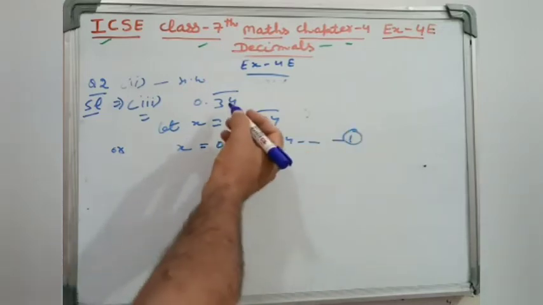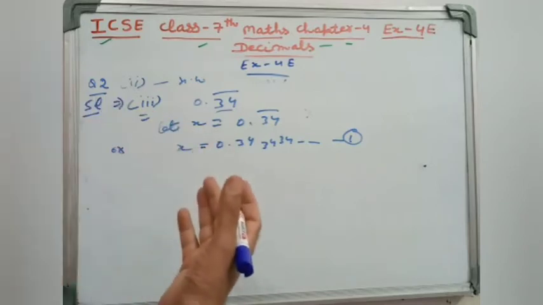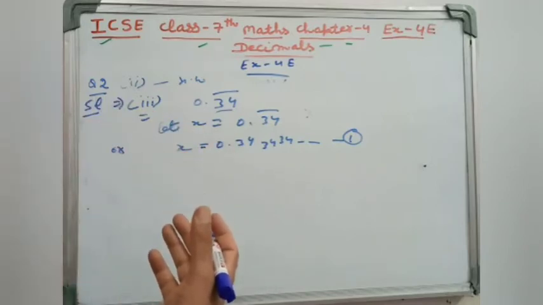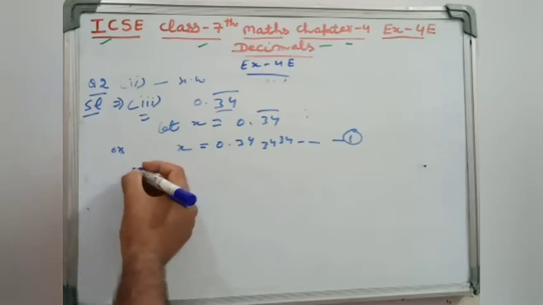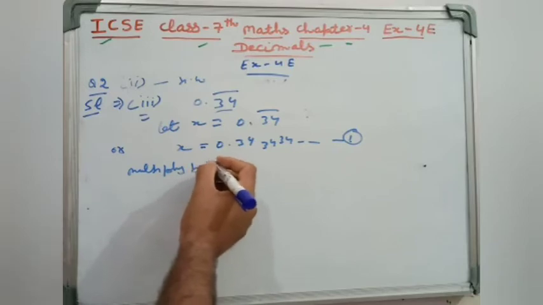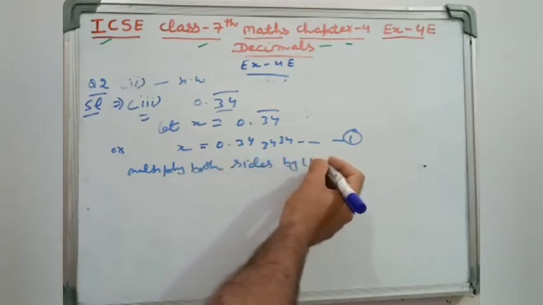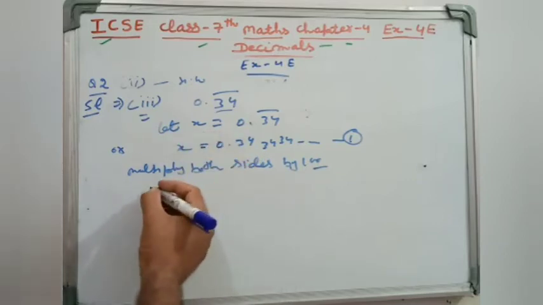Now here 2 digits are under the bar, so we are going to multiply both sides by 100. Right?